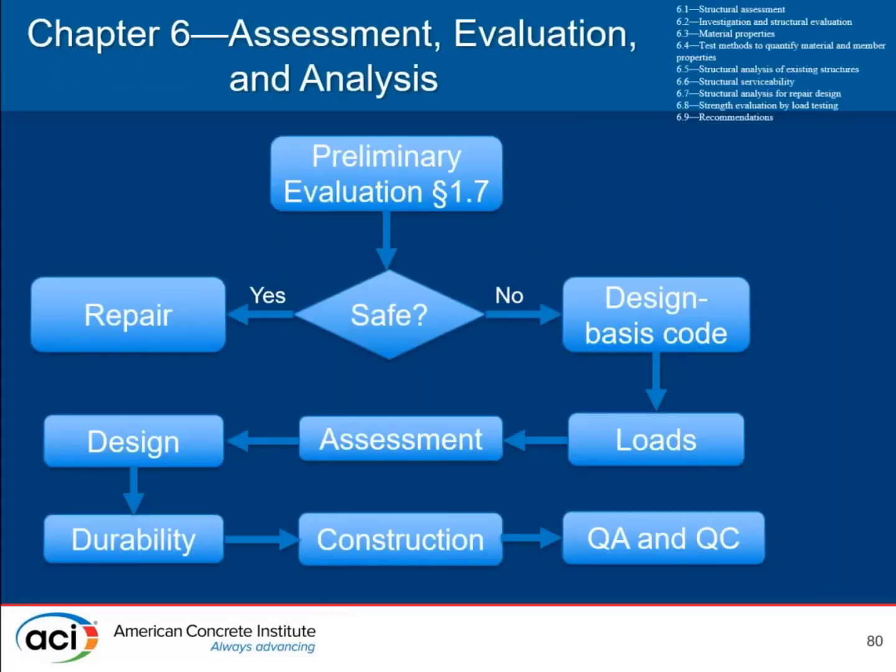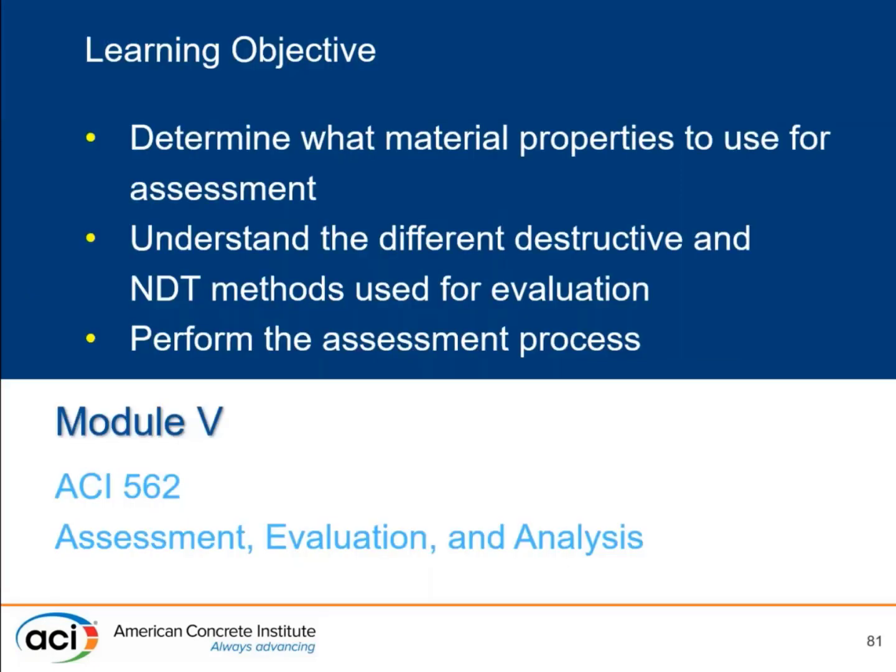So that's most of chapter 5. Let's have a quick look at chapter 6 on assessment. The learning objectives here are first to determine material properties to use for assessment. Second, to understand the different destructive and non-destructive testing methods used for evaluation.